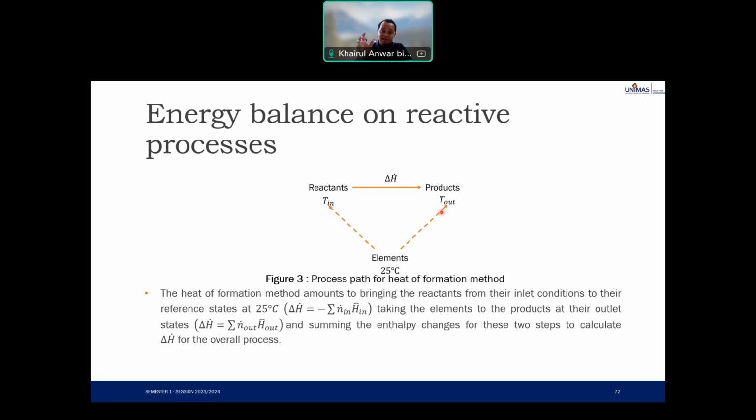Then you can use delta HR to calculate the extent of reaction and everything. For me, it's easier to do heat of reaction, although you need to calculate more enthalpies. But if you choose heat of formation, because of the elemental state, one of the enthalpies is 0.